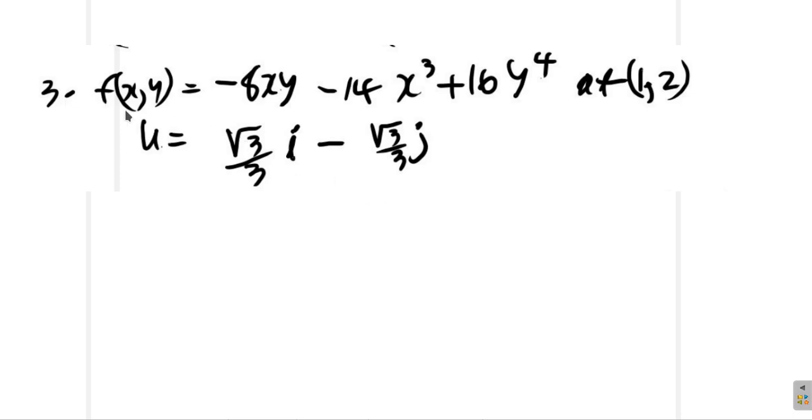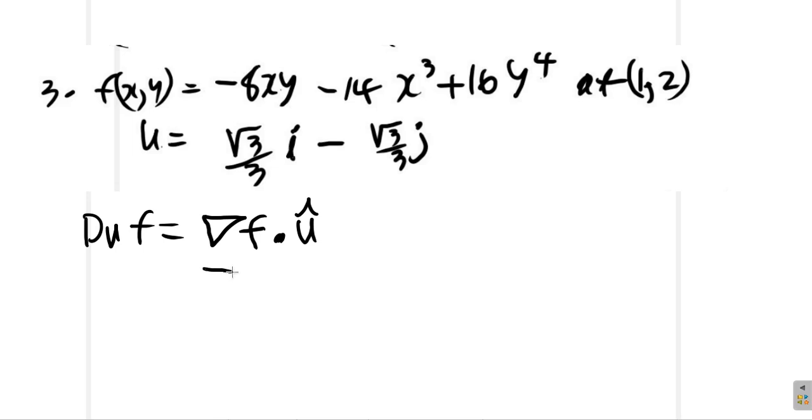Now, of course, as usual, we are going to find the gradient vector, but remember now, the directional derivative of the function in the direction of the vector is equal to Nabla f, which is the gradient vector, dot the unit vector.